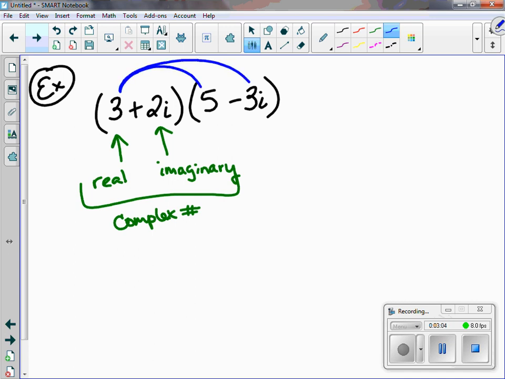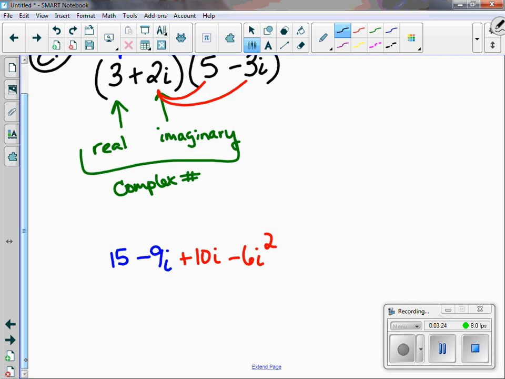So I have 3 times 5 gives me 15. 3 times -3i gives me -9i. Now I'm going to go ahead and distribute that 2i. And I get positive 10i and then minus 6i squared. So let's actually talk about the 6i squared.